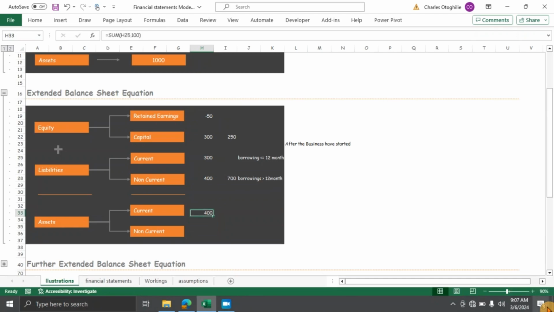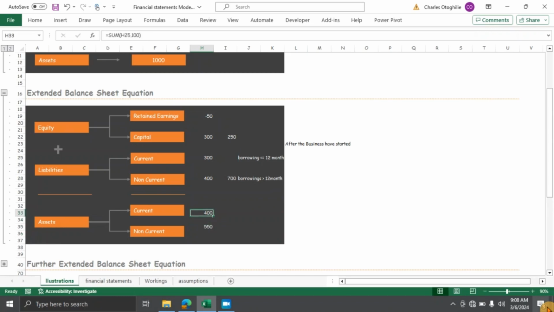Now, I'm going to show you different types of items that are in the current asset. But here, I just want to tell you that at the end of the day, your non-current asset will be whatever is your total from your equity and liability, taking out what the current is.